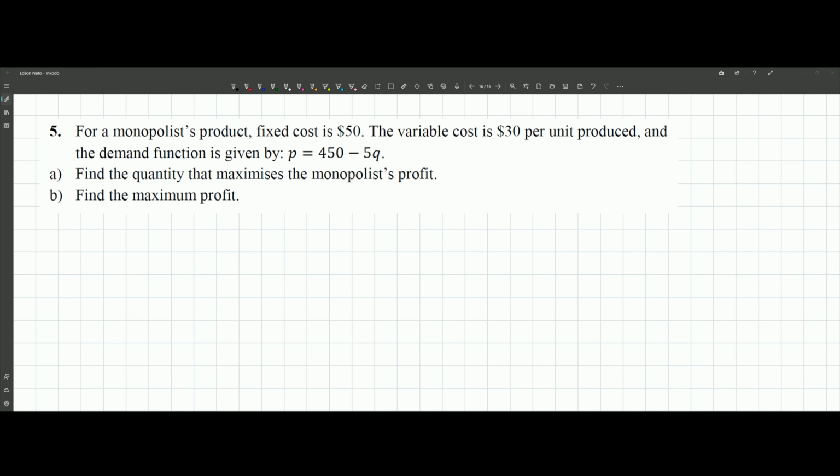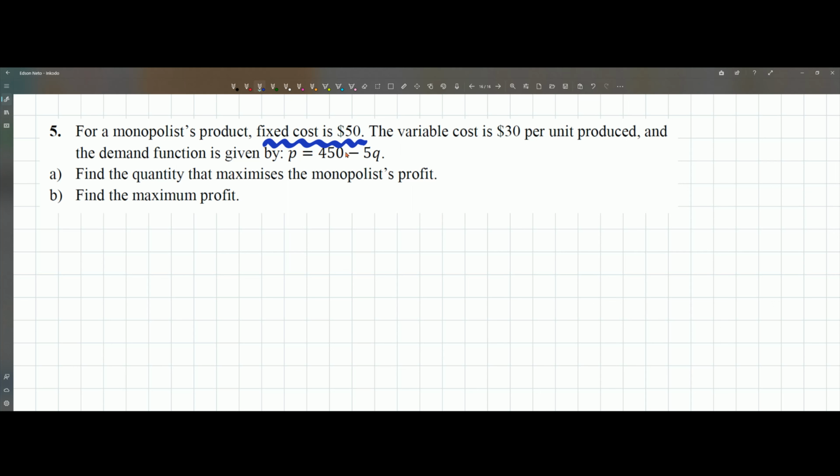Find the maximum profit. Well, first of all, we need to understand some concepts related to financial mathematics, right? When we say cost, we are talking about what we need to pay in order to have a product made or produced. In this case, fixed costs can be anything.